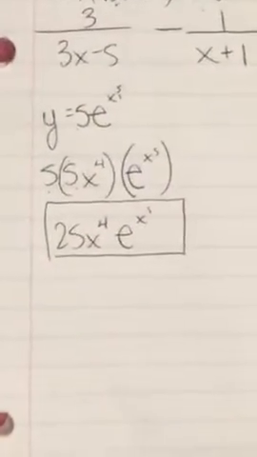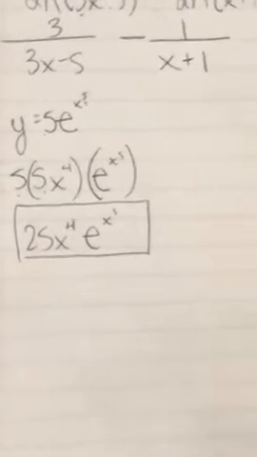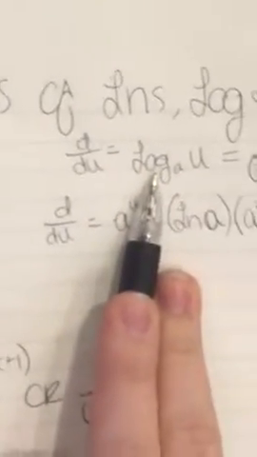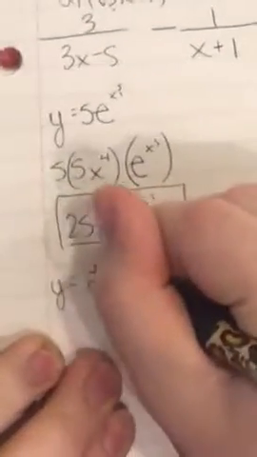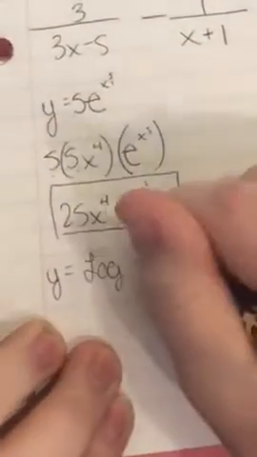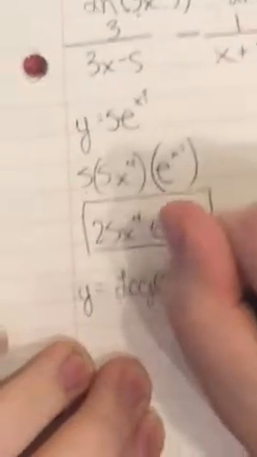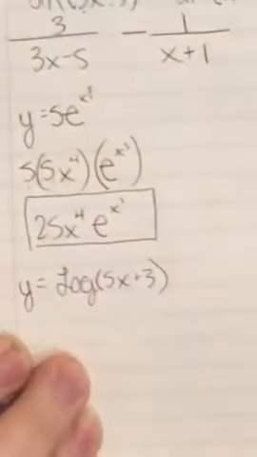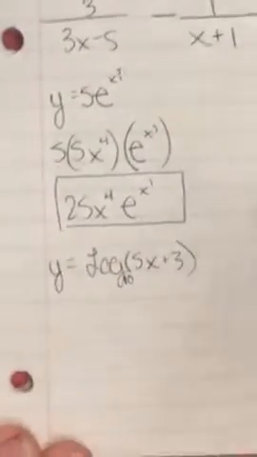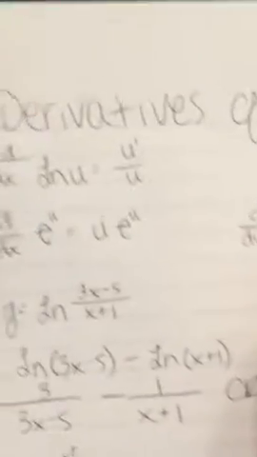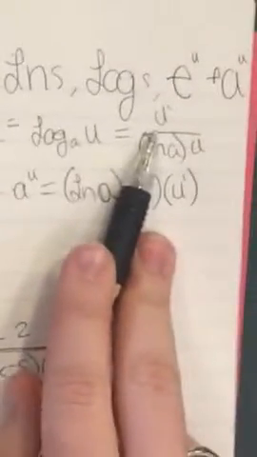Alright, the next one that we're going to do, we're going to talk about taking the derivative of log functions. So we have y equals log of 5x plus 3. Remember, when there's not a base down here, there's an imaginary 10. The rule for taking the derivative of log functions: you take the derivative of u, which is 5x plus 3.